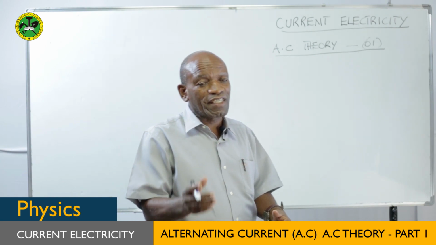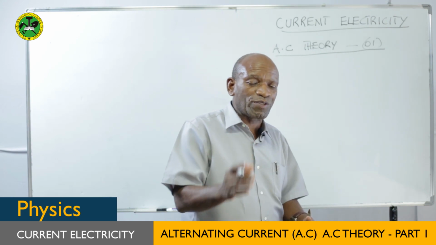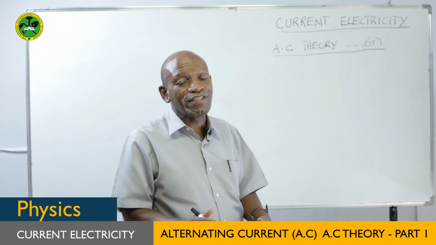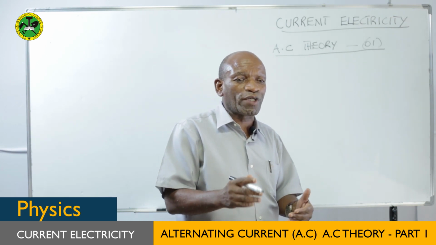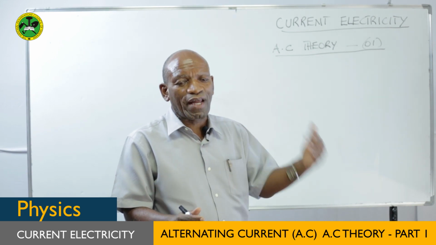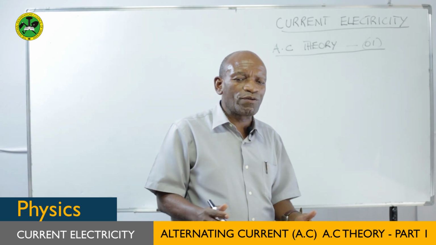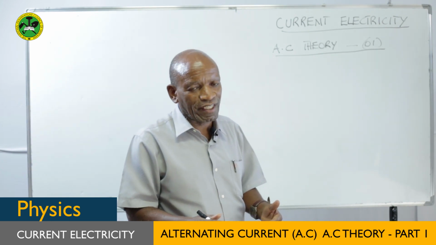Converting a current from one voltage to another is possible if that current is AC. So AC is popular because you can change its voltage from one form to another. That's one advantage.